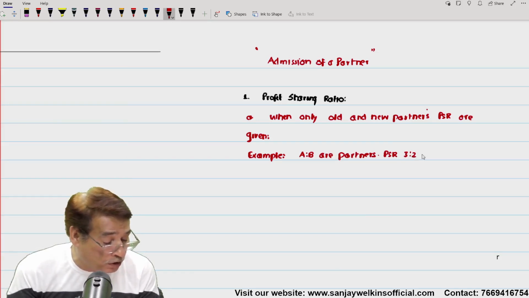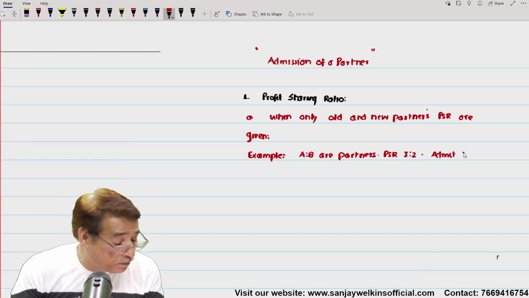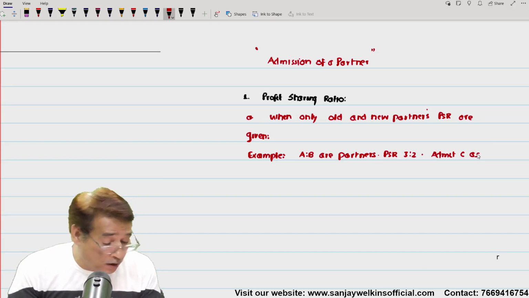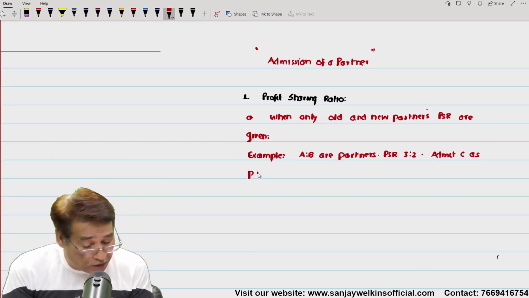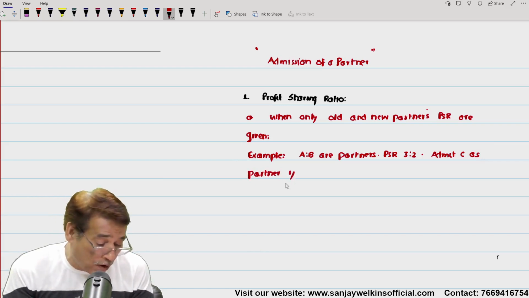They admit C as a partner, for a 1/5 share.